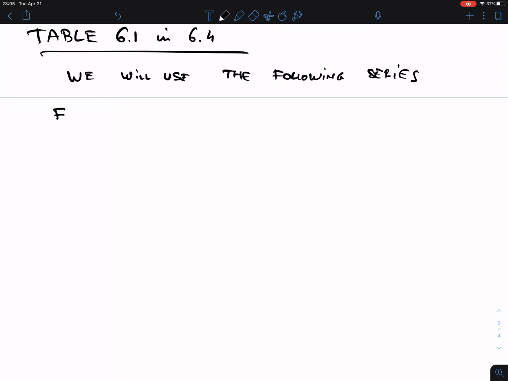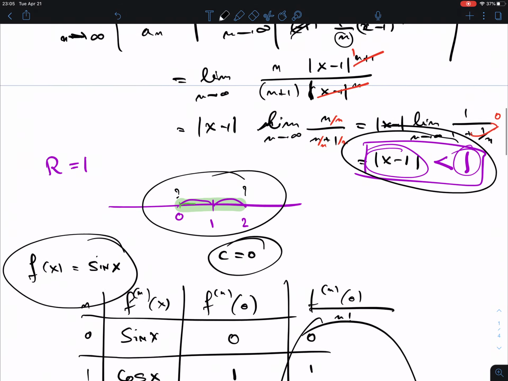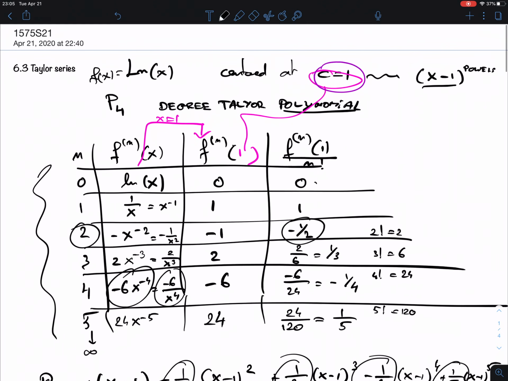So we have here the function, and then here we will write the Taylor series. Now, a bit about terminology before I write this down. This is called Taylor series, but it's also called Maclaurin series. Maclaurin is also a mathematician, as is Taylor, and they worked on this simultaneously. So to honor both, they give a name to these series.